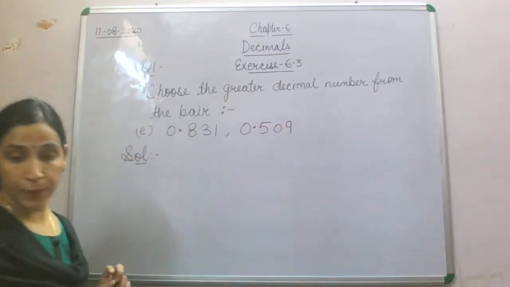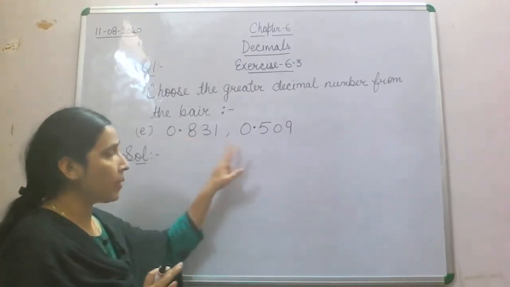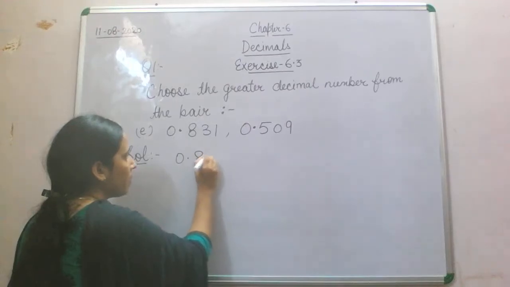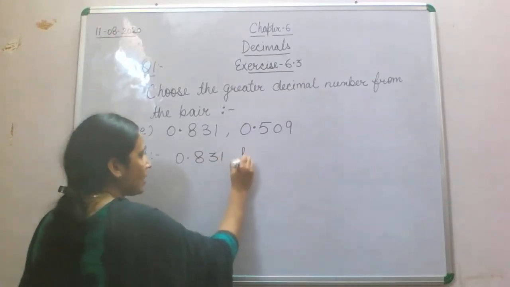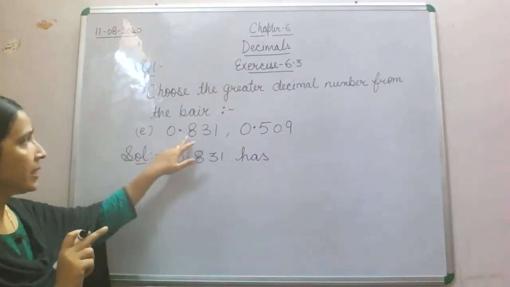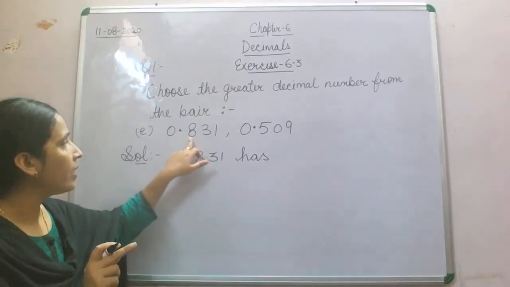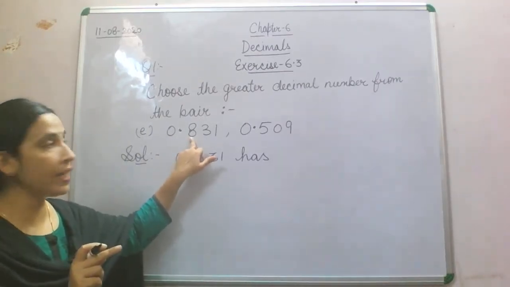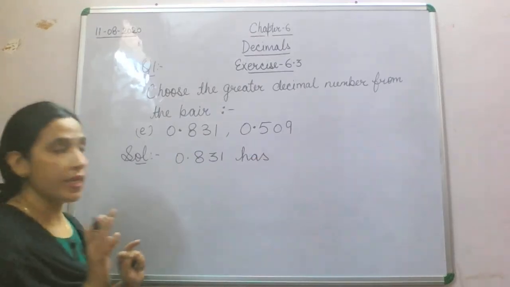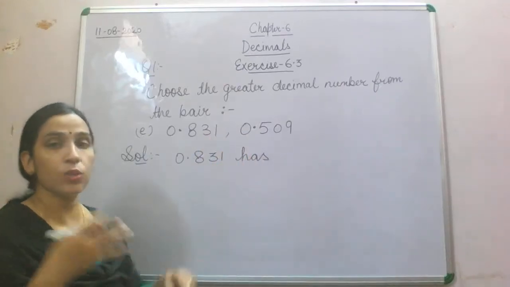As you can see in this question, the whole number part is the same. So we'll start comparing the decimal part. We are going to compare only the first place after the decimal, that is 8 tenths and here 5 tenths. If these two digits are the same, then we compare the next one.